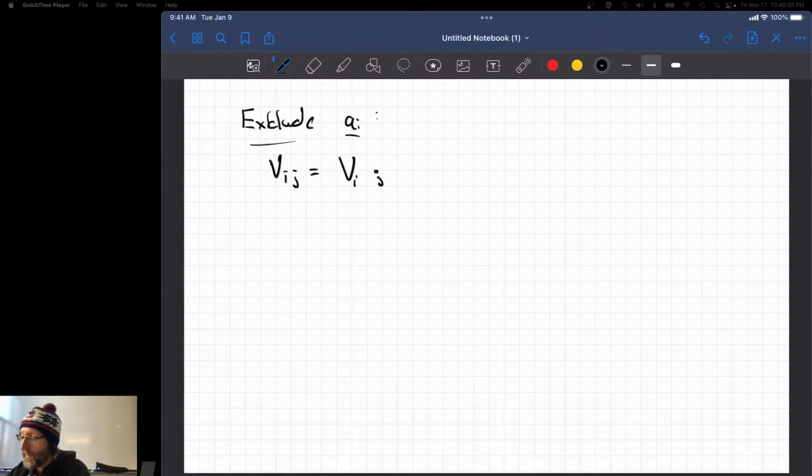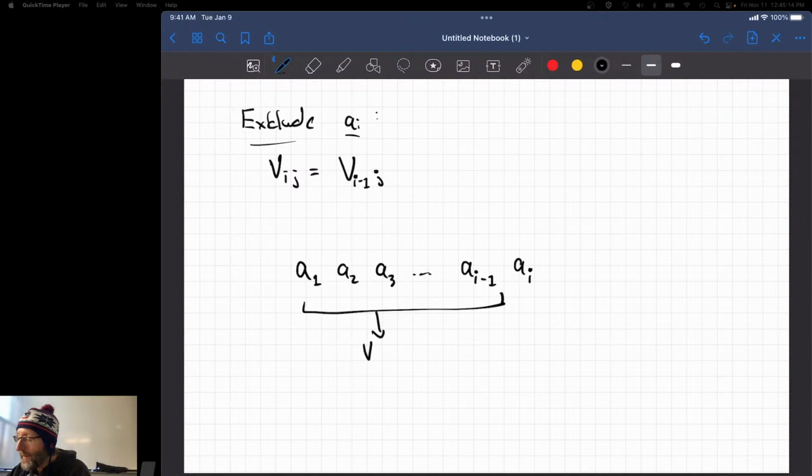I minus 1, right? So again, we're considering A1, A2, A3, up to A sub I minus 1. And now we're considering A sub I. There is some value here, right? That value is equal to V sub I minus 1, because I'm only considering up to I minus 1.